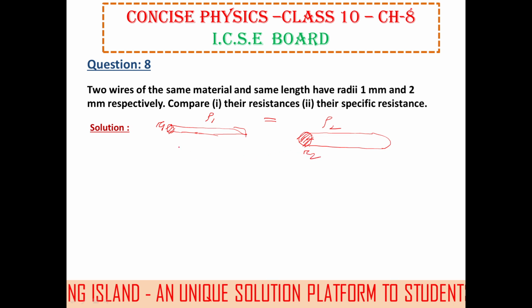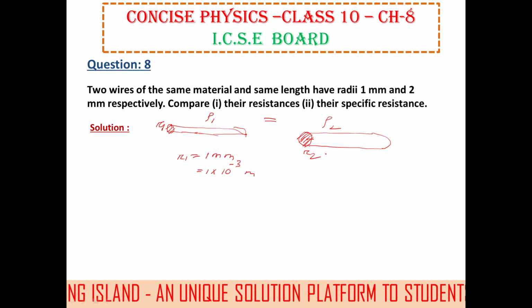So r1 is 1 millimeter, so it will be 1 into 10 to the power minus 3 meter.